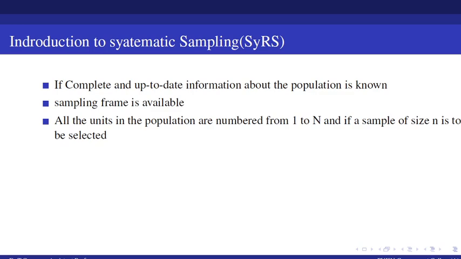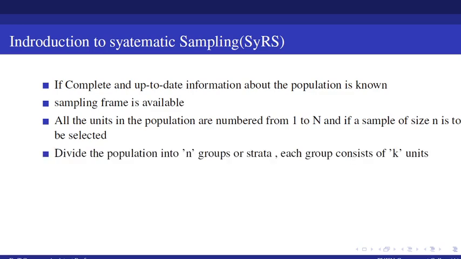If a sample of size small n is to be selected, then divide the population into small n groups or strata such that each group contains k units.